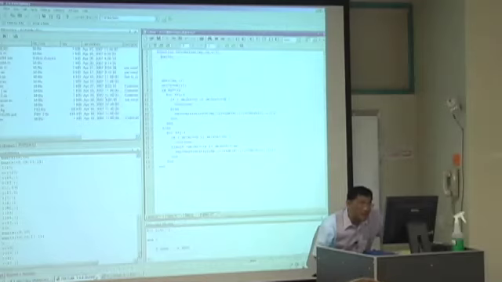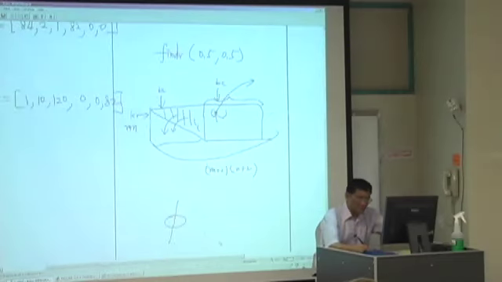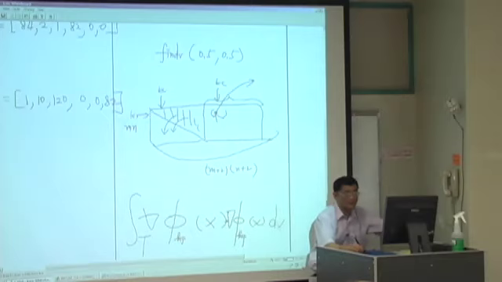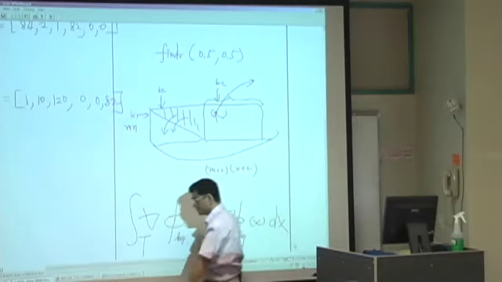Why did I use KP and JP? KP of x, JP of x, gradient, right? The dot product of this gradient, integral t. So this is all I want to do, right?